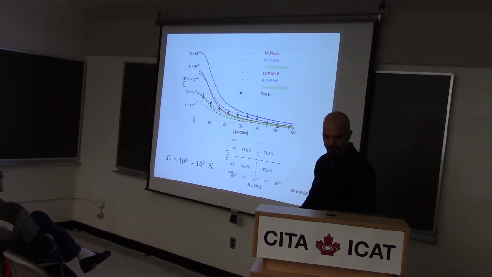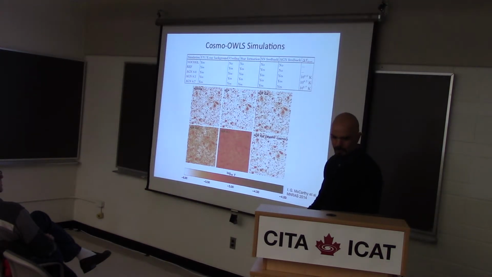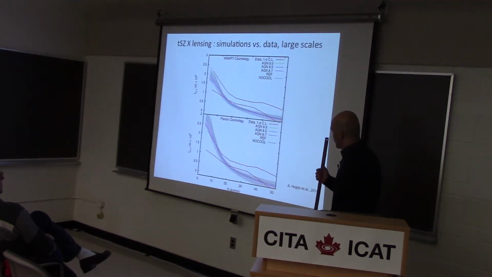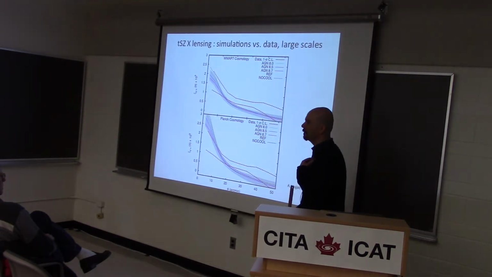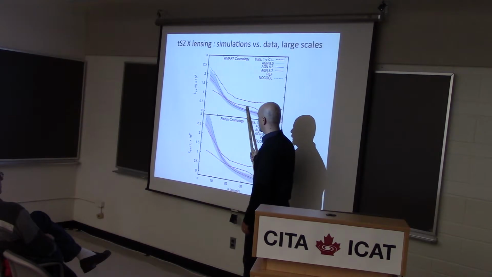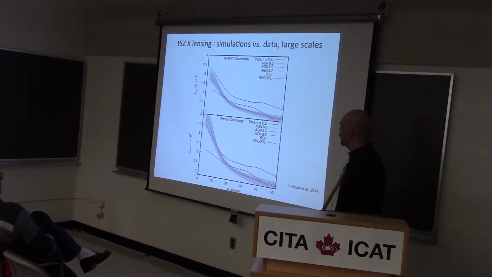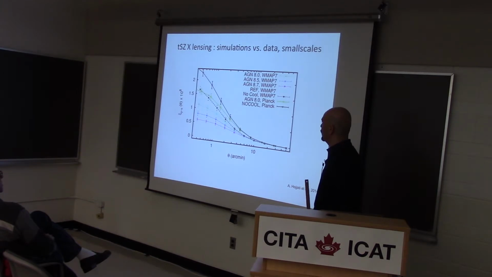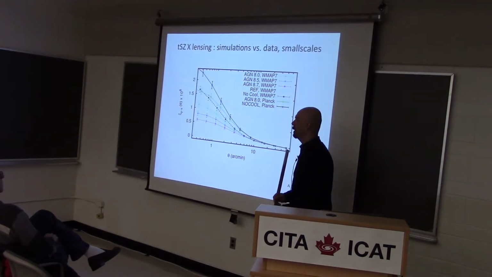So, okay, this is what we got, but more interesting for us was the small scales, where baryon feedback is more important. This is Planck resolution that we did a large scale correlation. But you want to go to smaller scales when you have a high resolution map.